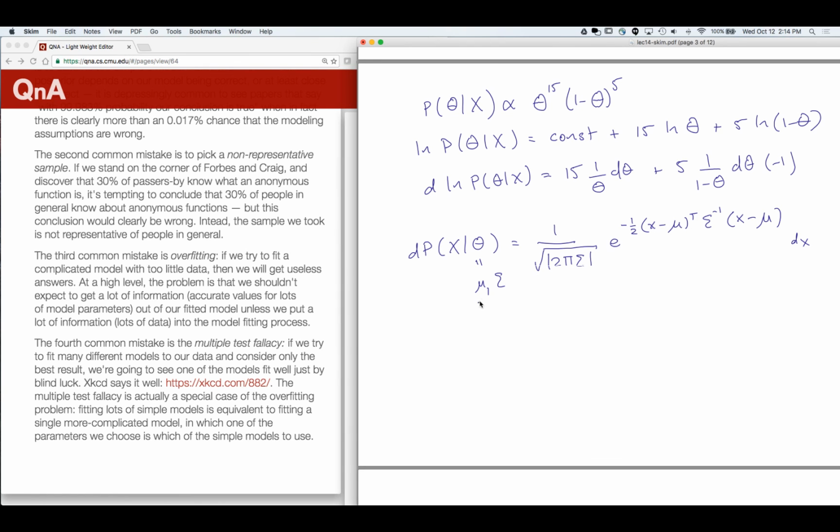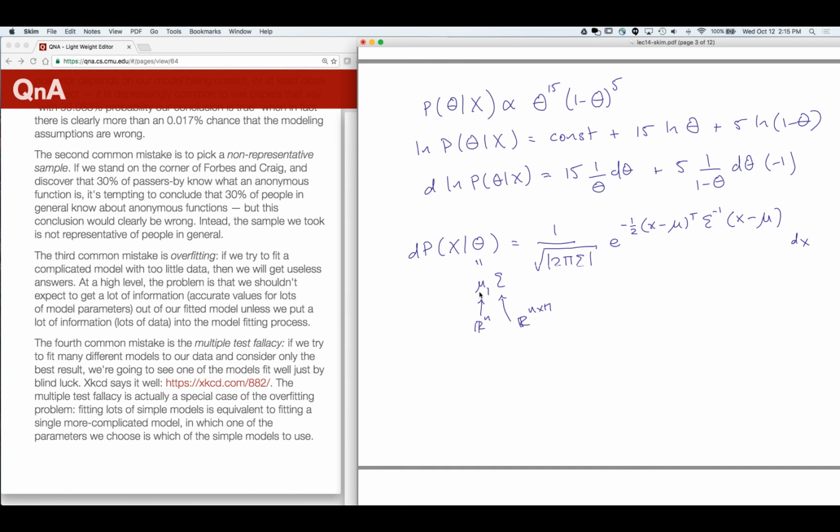So x is an n-dimensional vector, mu is also an n-dimensional vector, and sigma is an n by n matrix. Mu is going to be the mean of x, and sigma is going to be the covariance of x.